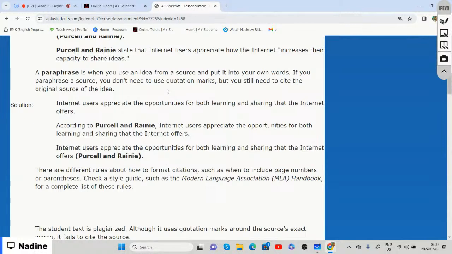If you paraphrase a source, you do not need to use quotation marks, but you will need to cite the original source.